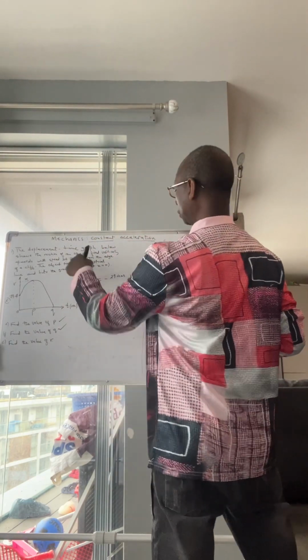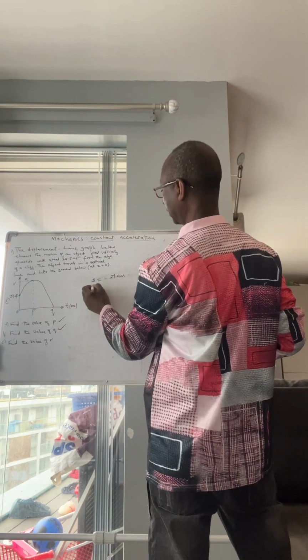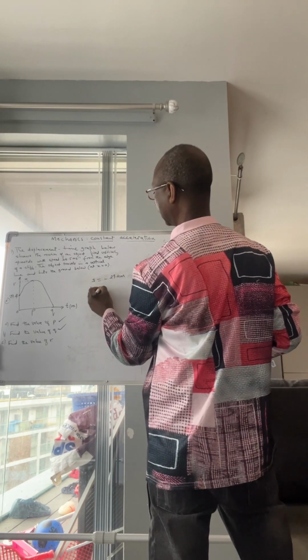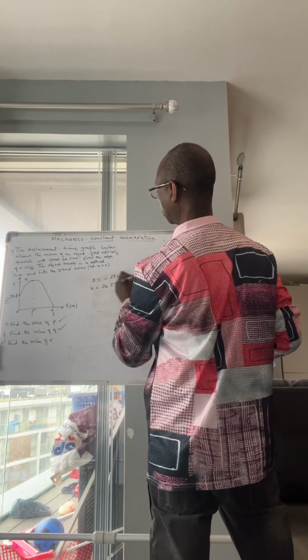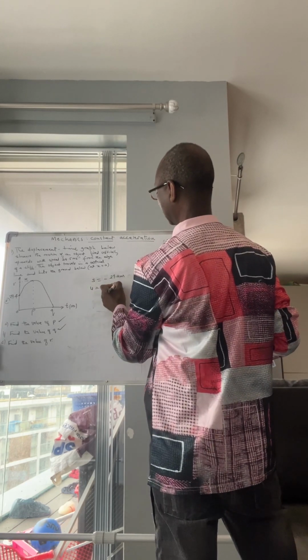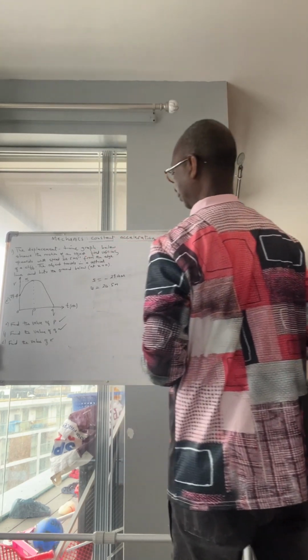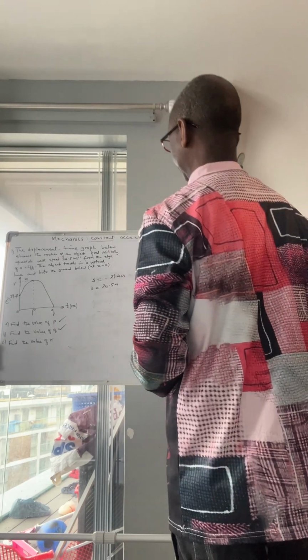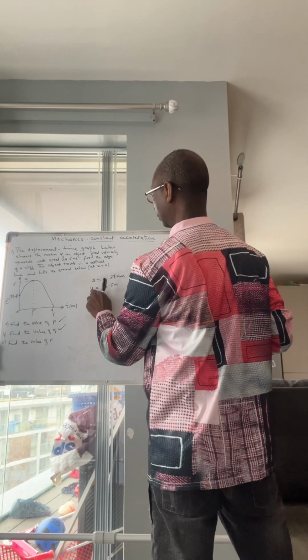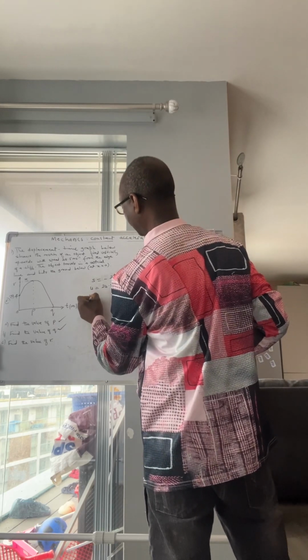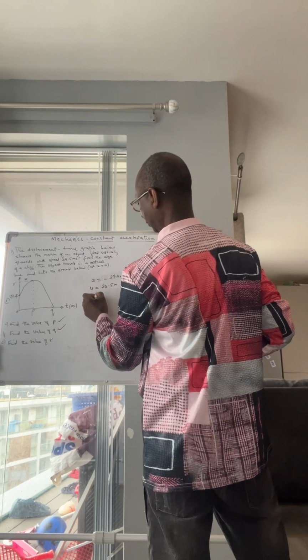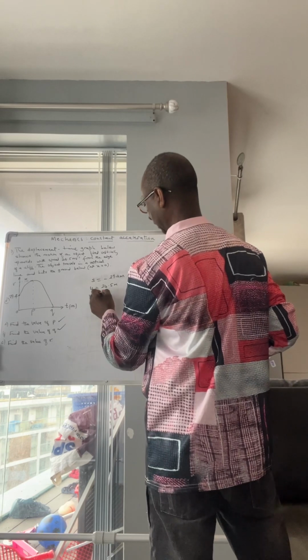So we know the initial velocity u is equal to 24.5 meters per second, and final velocity is 0.